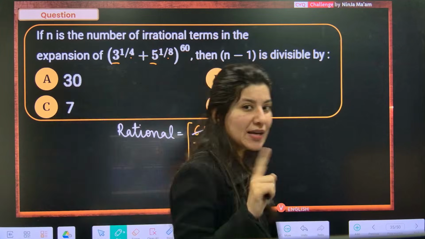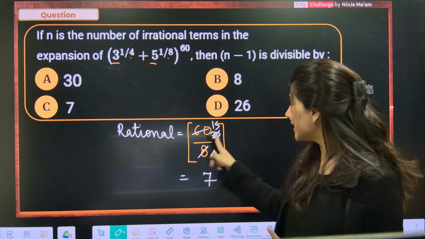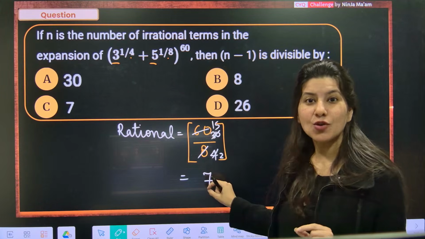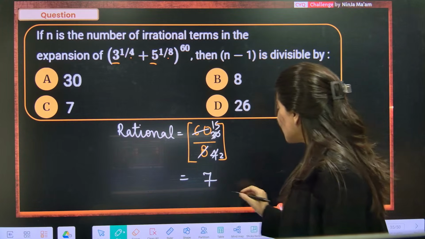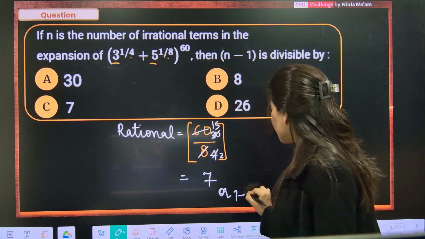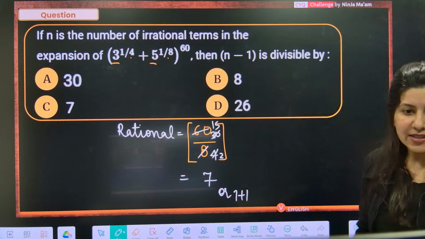Now, plus 1, to do or not to do? See, this time this thing is not coming as an integer. Whenever this is not coming as an integer, the answer could be 7 or it could be 7 plus 1. But how will we decide whether the answer will be 7 or 7 plus 1?